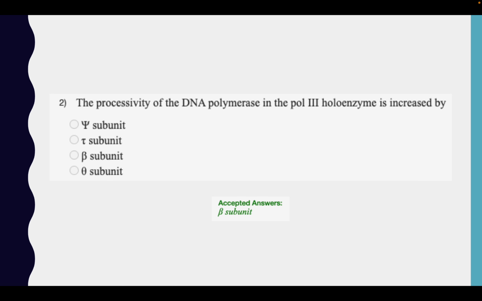So it also acts as a processivity factor in the DNA polymerase 3 holoenzyme, and it forms a ring-like structure which encircles the DNA. It also enables the polymerase to synthesize long stretches of DNA without detaching from the template. So it is the beta subunit.